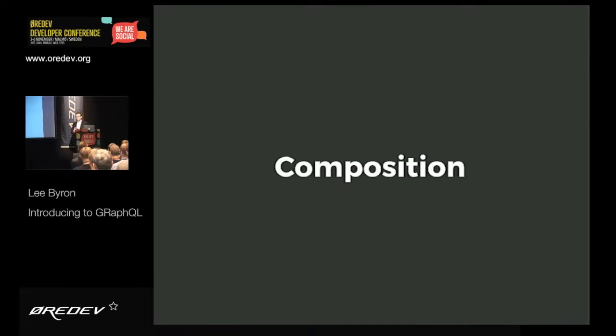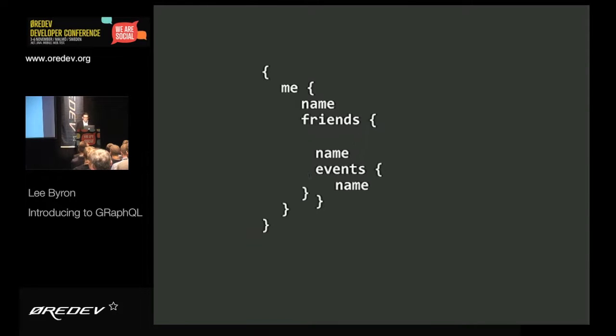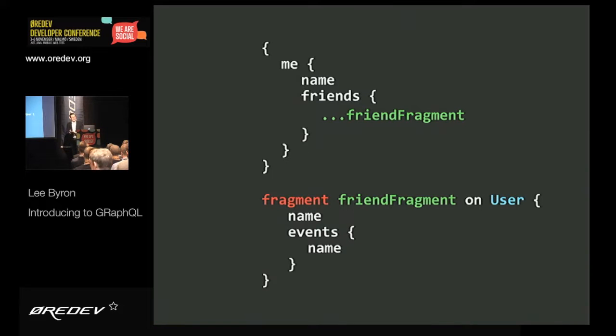The next powerful principle is composition. GraphQL is designed with composition in mind. Every level of a query appears in a similar style. But in order to match how client developers are thinking about GraphQL, especially how queries for data align with the UIs that use that data, we've added a feature to the language called fragments.